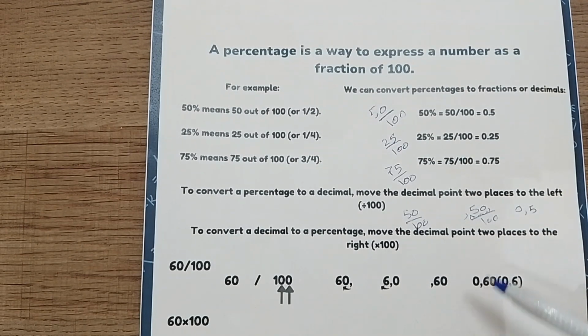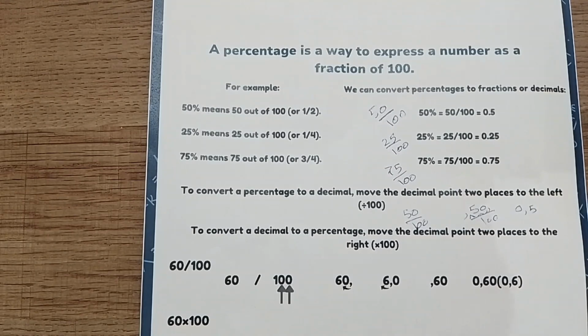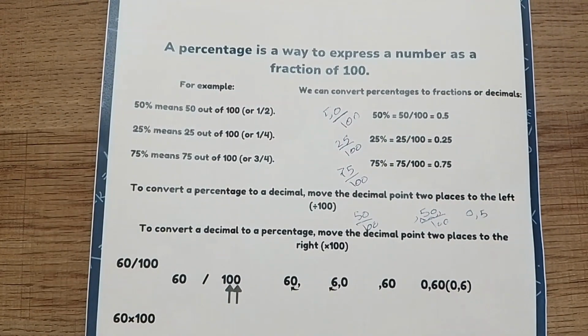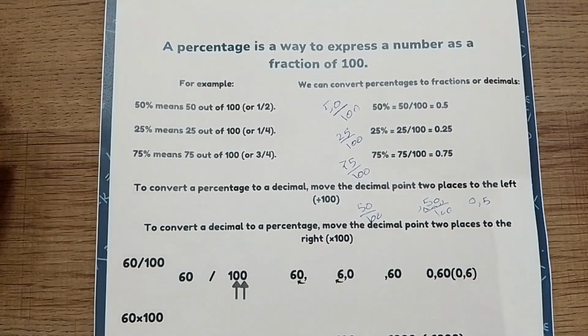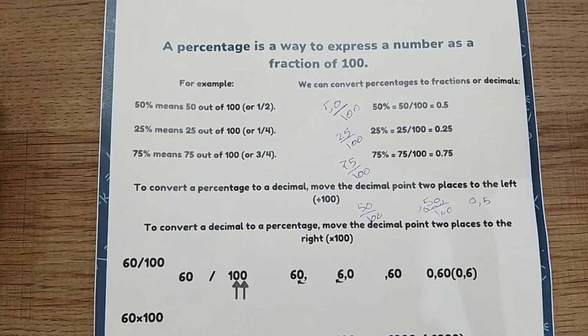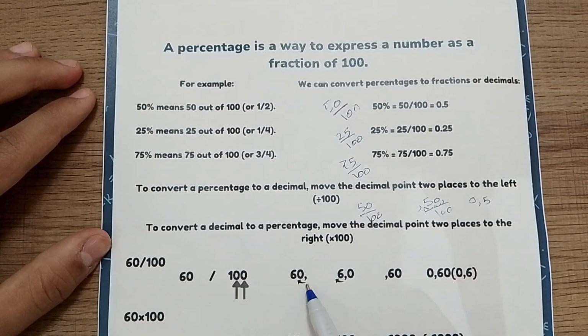So we have here some examples. When you have a number over 100 or divided by 100, you move the point to the left, and if the number is times 100, you move the point to the right. For example, 60 over 100. The decimal point is right over here.